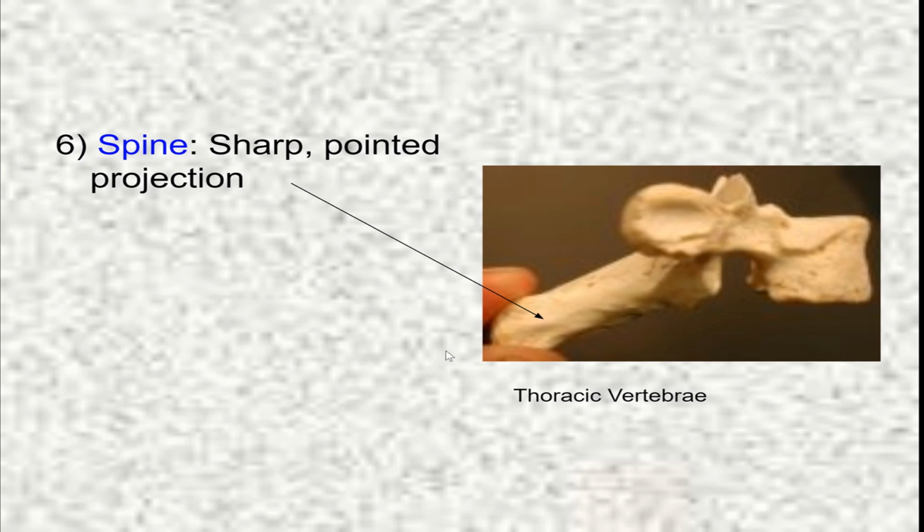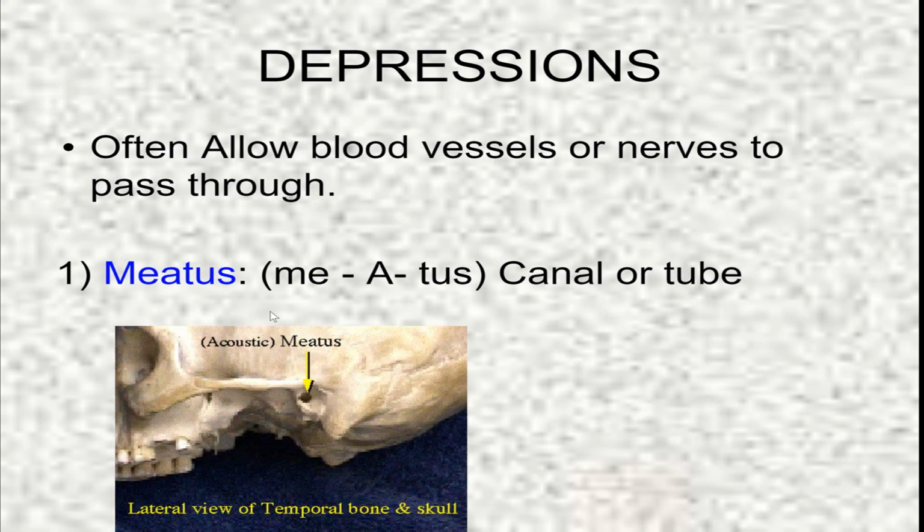Now we're going to talk about depressions. So a depression's job is to allow blood vessels or nerves to pass through a bone. So you might see a meatus. This is a canal or tube running through a bone.